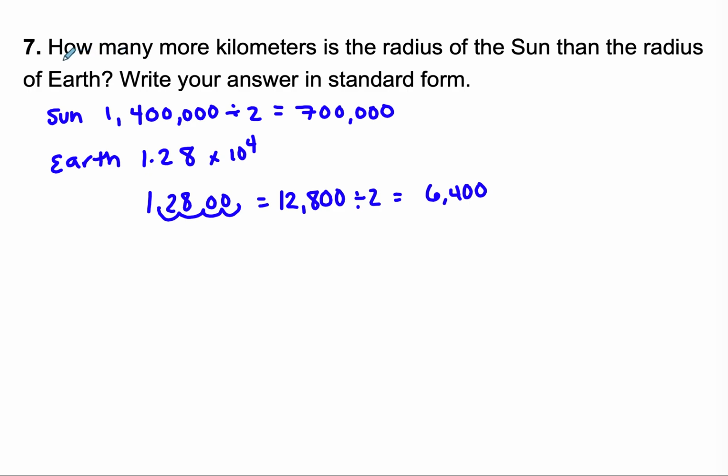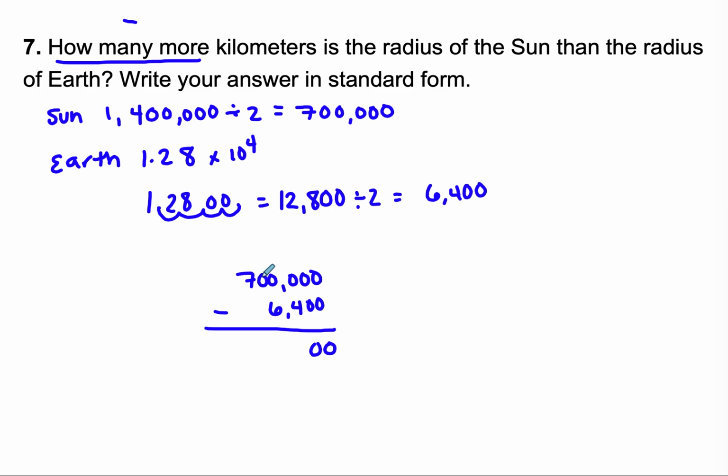Okay. How many more means we are subtracting? All right, so we have 700,000 for the radius of the sun. We have 6,400 for our radius for the earth. Let's do some subtraction. 0 minus 0, 0. 0 minus 0, 0. 0 minus 4 takes me into the negatives.